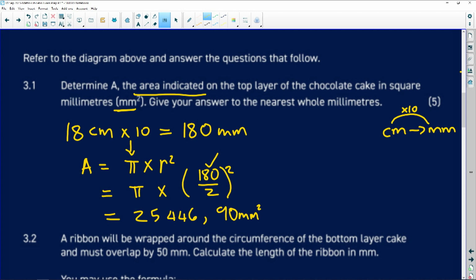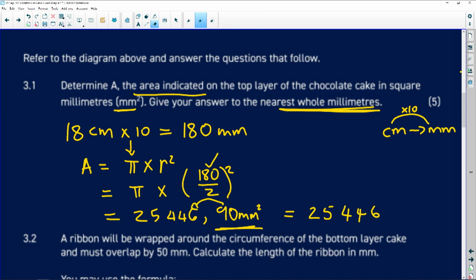Give your answer to the nearest whole millimeters, meaning I'm supposed to take this value out. This 9 will affect the 6 and it will become a 7. Again, you need to know how to round off. 47. 47 millimeters squared. This is so important.